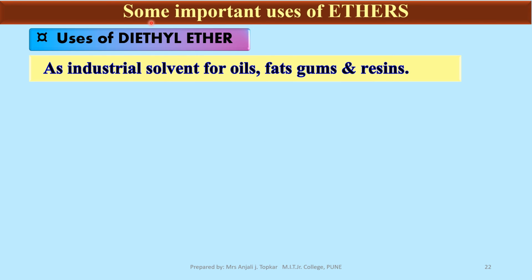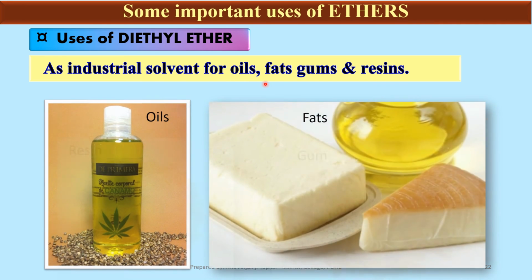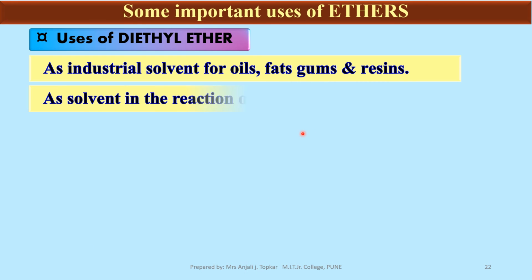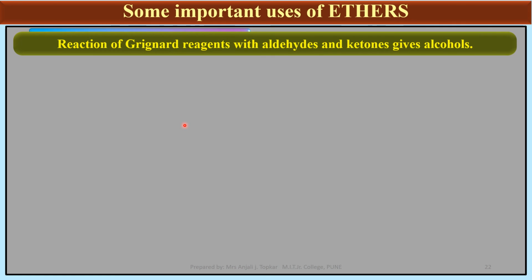Let's talk about some important uses of diethyl ether. It is used as an industrial solvent for oil, fats, gums and resins. As solvent in the reaction of Grignard reagent, it is commonly used. Reaction of Grignard reagent with aldehydes or ketones.